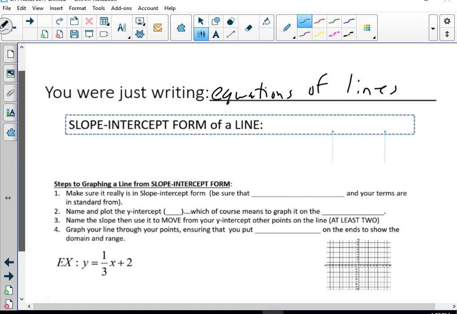Okay, we're just doing equations of lines in slope-intercept form. So, slope being m, y-intercept being b.